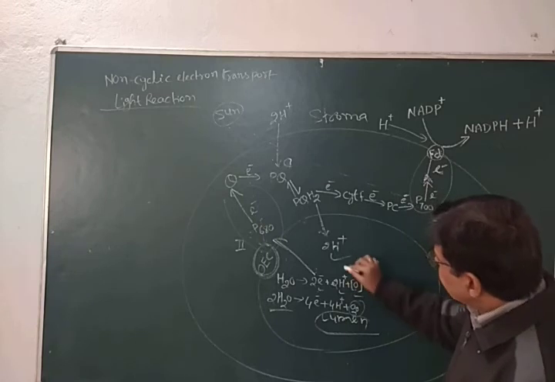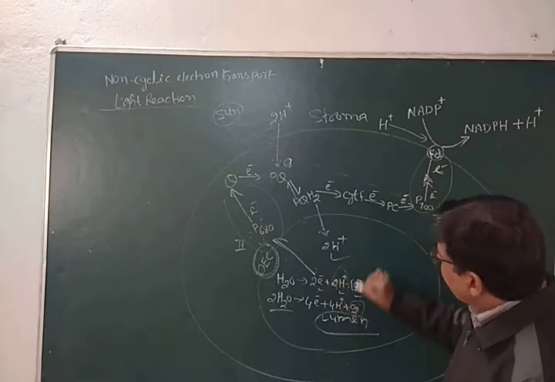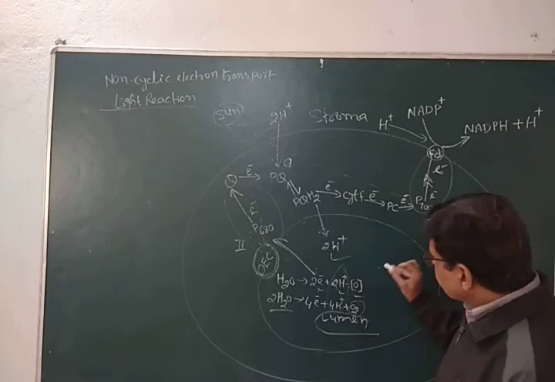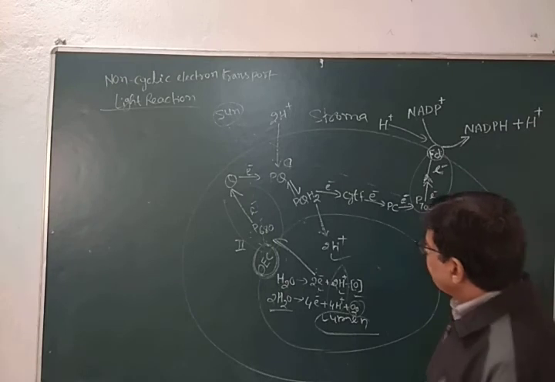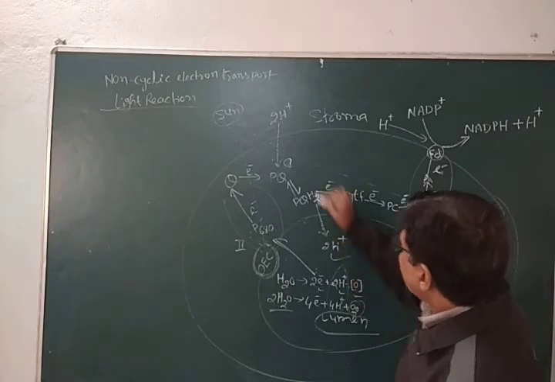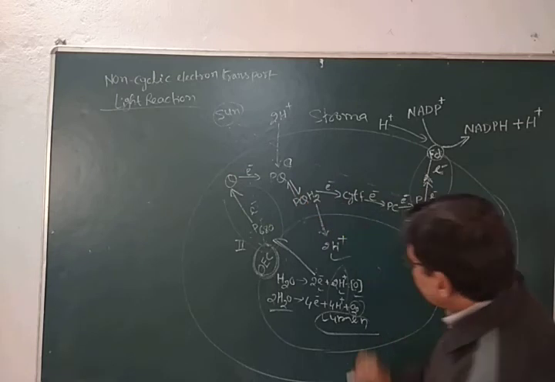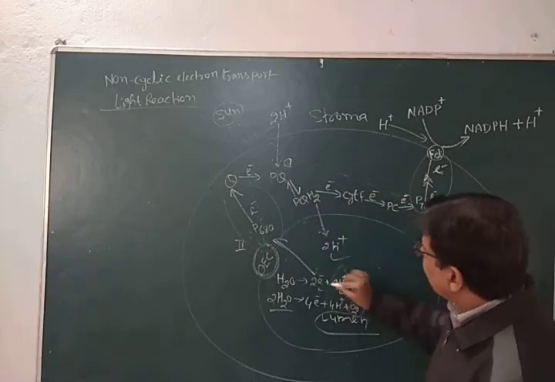Now the question is, this hydrogen actually temporarily accumulated in this space or lumen of the thylakoid. Means the hydrogen proton comes from the stroma through the plastoquinone, and the hydrogen proton also comes from the splitting of water.